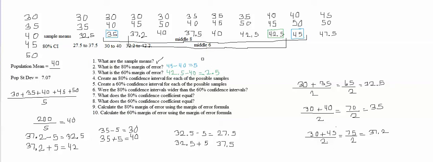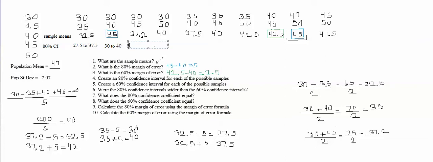I'll clear off some of this since I'm not using it anymore. So this one is actually 32.2 to 42.2 after adding and subtracting 5.